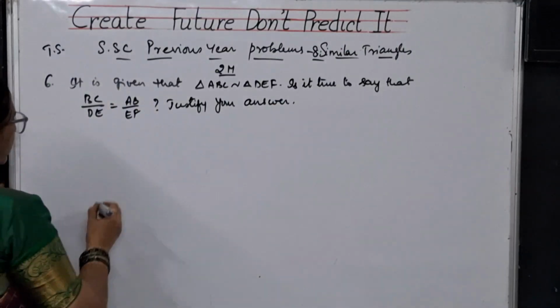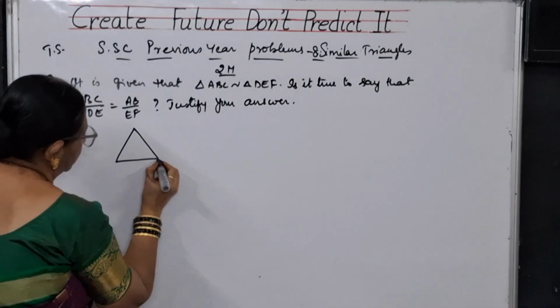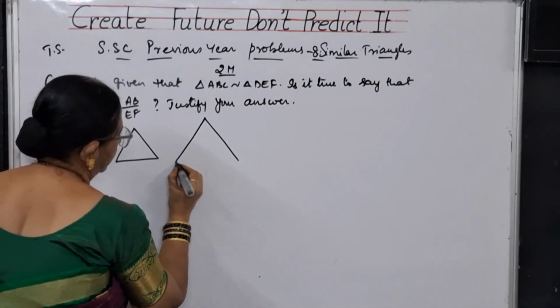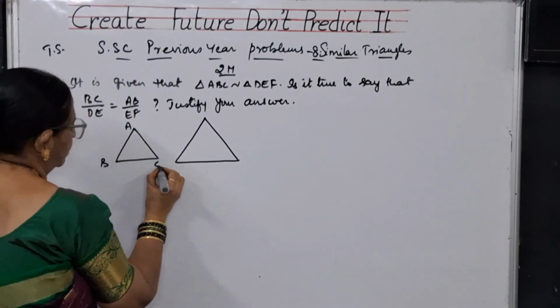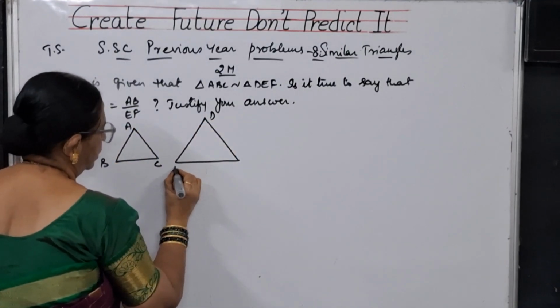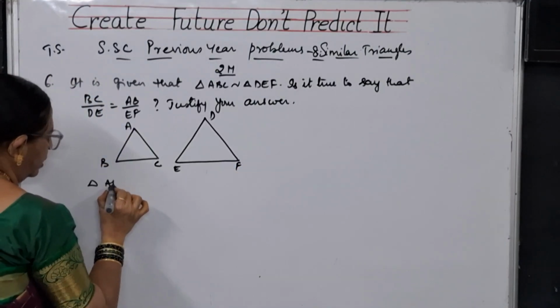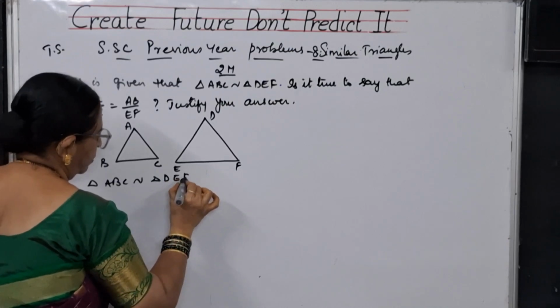So you have two triangles, children. Let me draw one triangle ABC and another triangle DEF. What have they given? Triangle ABC is similar to triangle DEF.